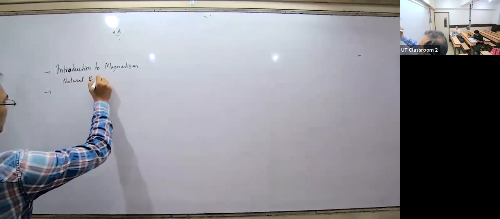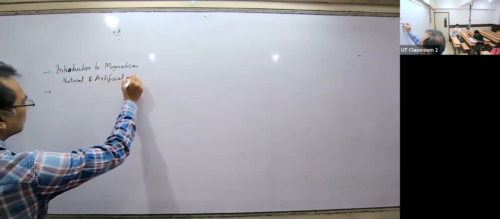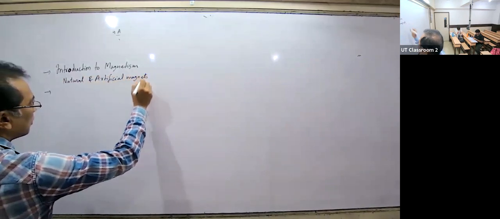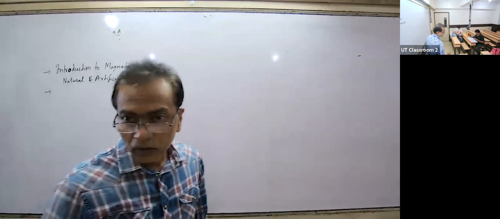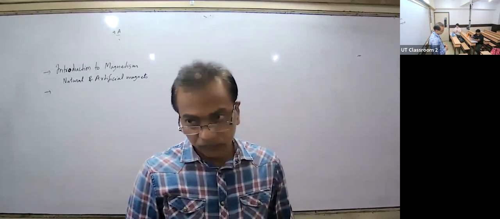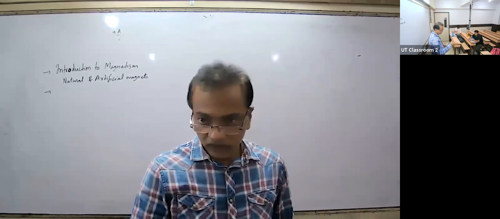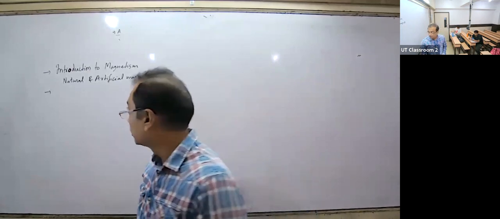Natural and artificial. Did we learn about it? What was artificial magnet? Naturally found magnet, which is also called lodestone, right?